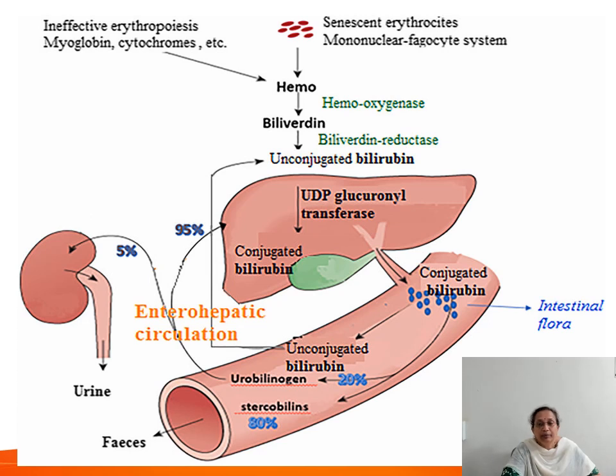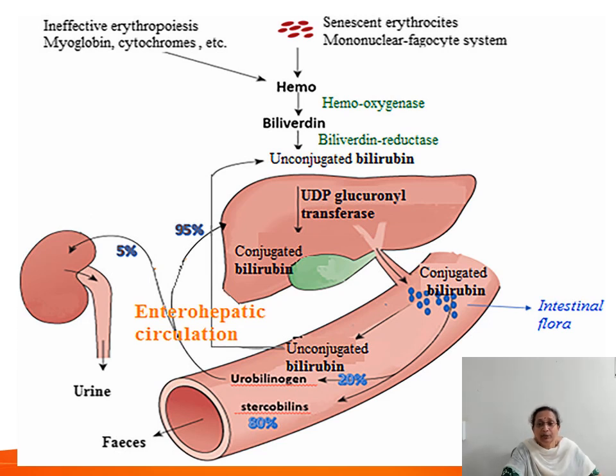Now, whatever bilirubin is formed is unconjugated bilirubin, and it is not water soluble. So it is lipid soluble. Now, this lipid soluble or water insoluble product has to be converted into a water soluble product for its transport.